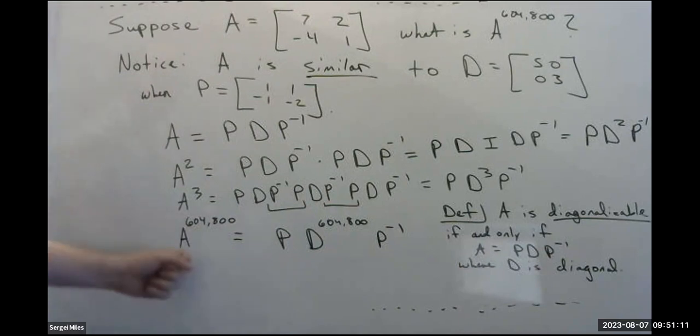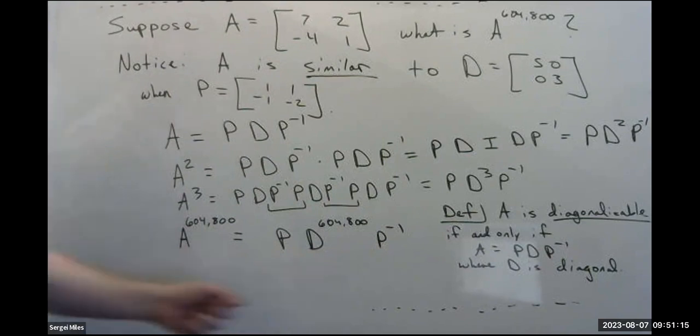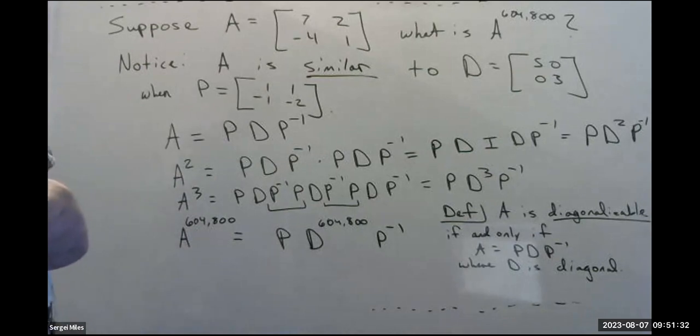Well, when the matrix is diagonalizable, that means raising it to a high power is a simple and easy calculation. If the matrix A is not diagonalizable, well, then our only option is to do the dot product 600,000 times, which sucks, but that does happen sometimes. Okay? All right, so how do we know when a matrix is diagonalizable or not?